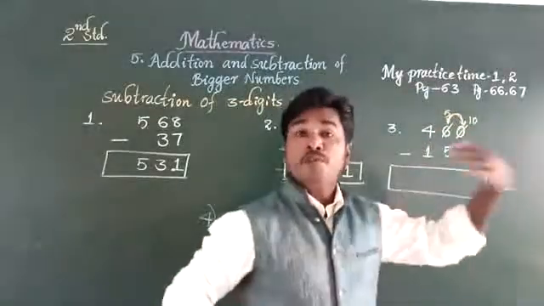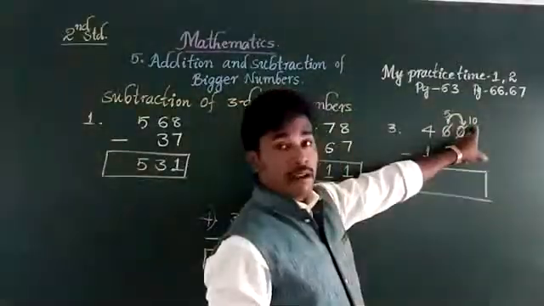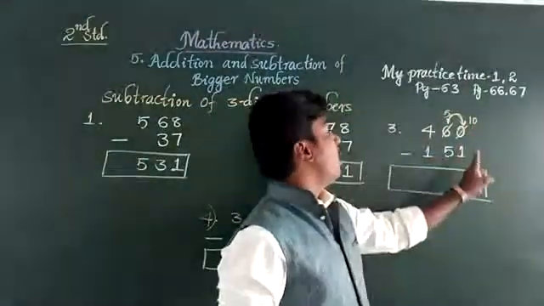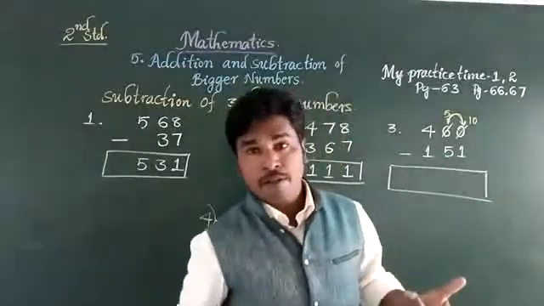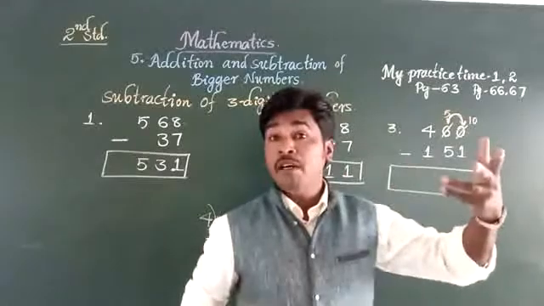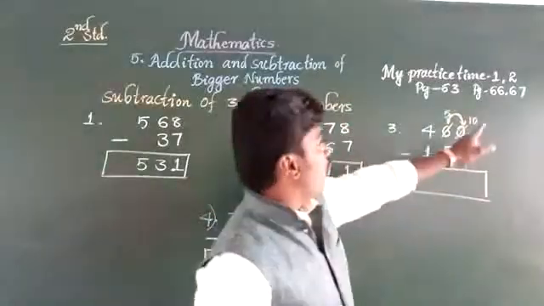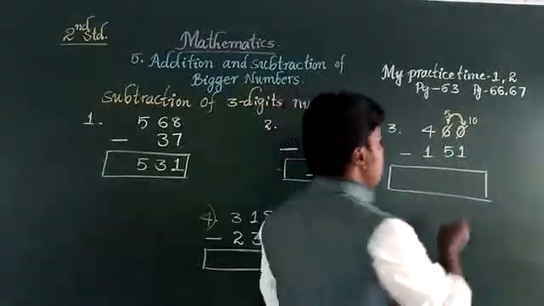When it gives a borrow of one number, it changes to 10. 10 is greater than 1, so you can easily subtract. 10 minus 1: when you subtract 1 from any number, you get its before number. The before number of 10 is 9.